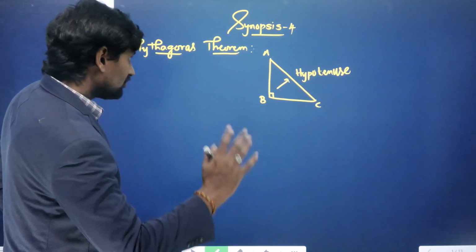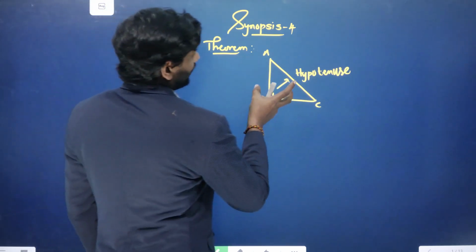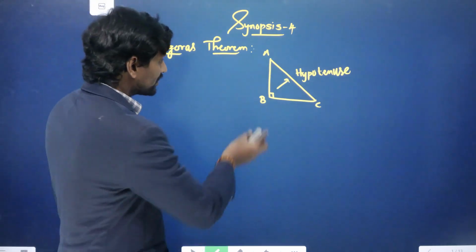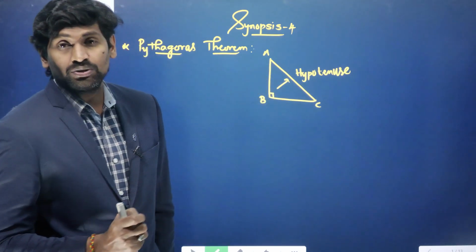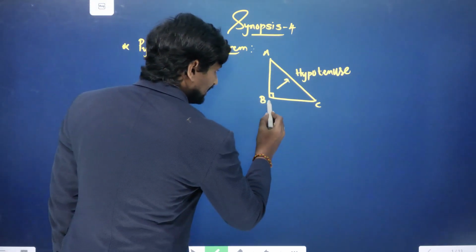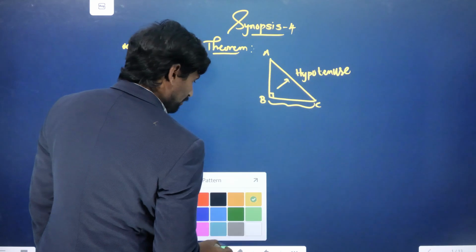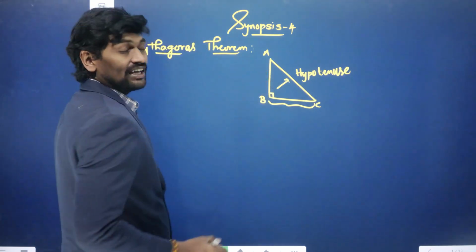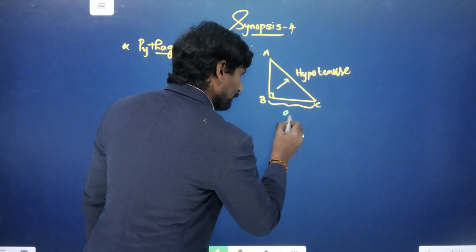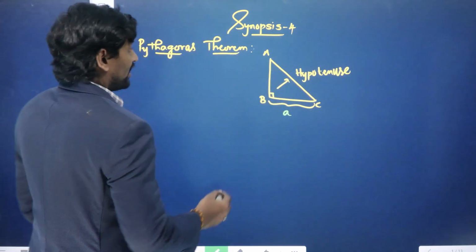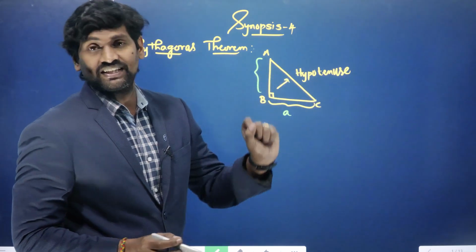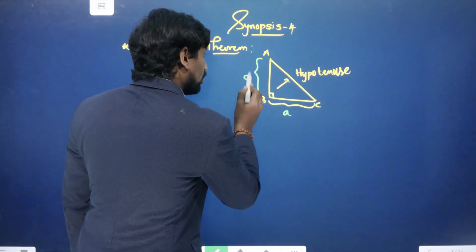Now, whenever we represent the length of a side of a triangle, we use small letters. For example, BC is a side which is opposite to vertex A, so we can consider the length of BC as small a. Same way, AB is opposite to vertex C, so we take the length of the opposite side.